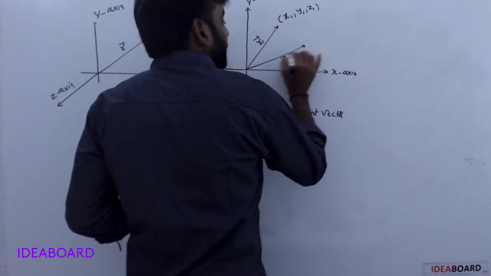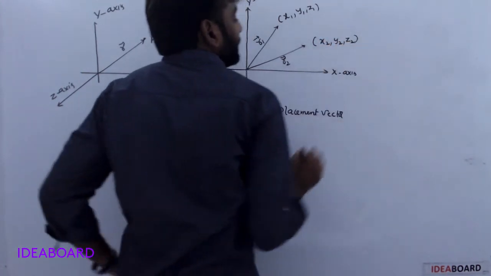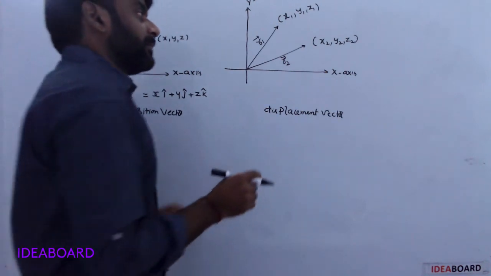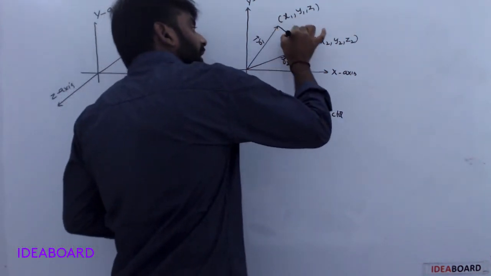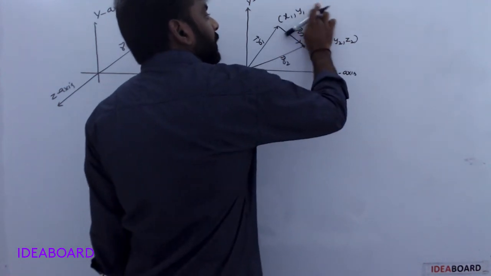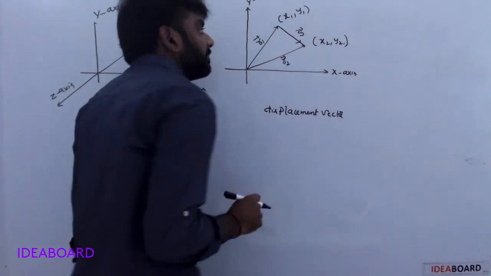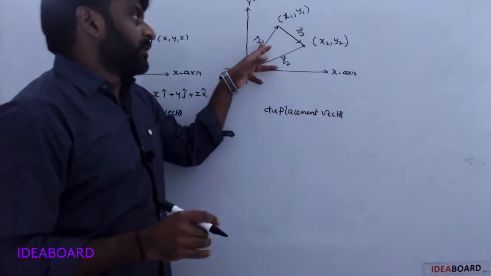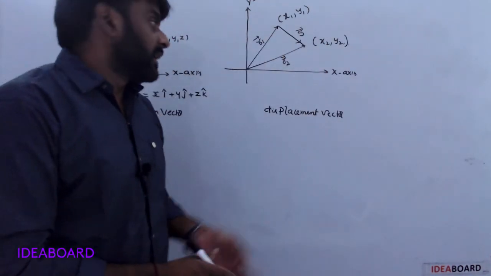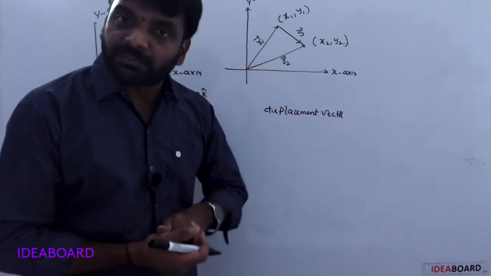R2 bar represents the particle's final position. Now this vector S bar is the displacement. So R1 bar represents the initial position of the vector, R2 bar represents the final position of the vector, and S bar is the displacement.